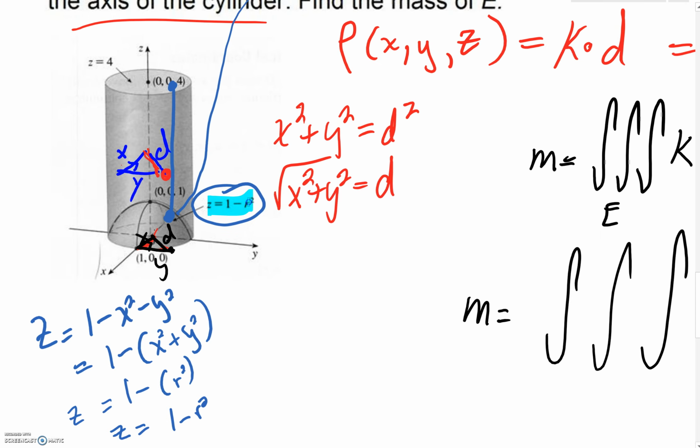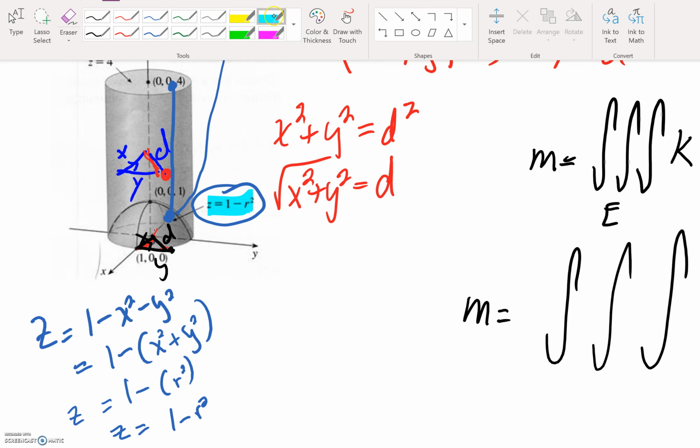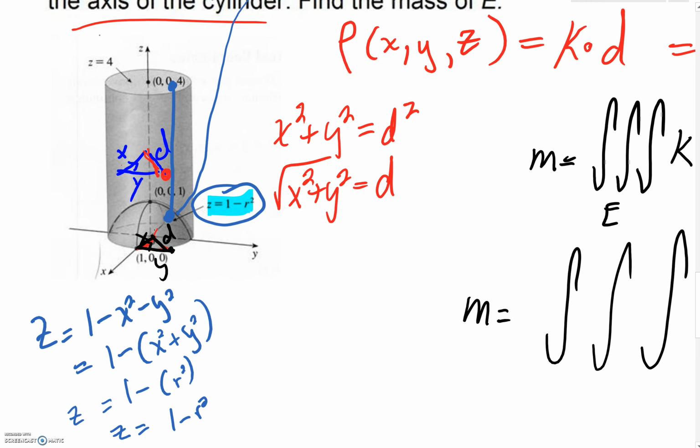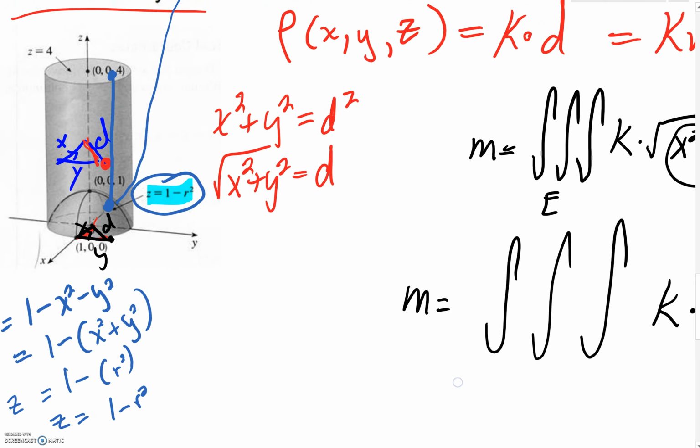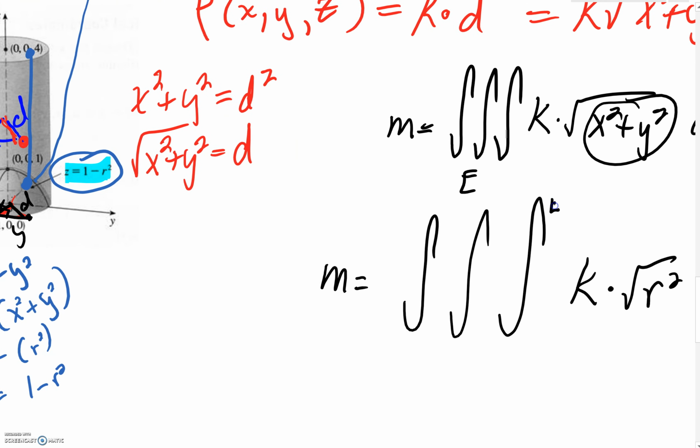You can see we've got that right there. So that's kind of nice. And we can right now say the following. Our upper bound would be z equals 4. Our lower was the paraboloid 1 minus x squared minus y squared, but we can convert that into 1 minus r squared.